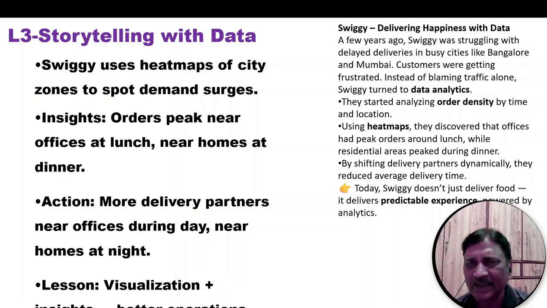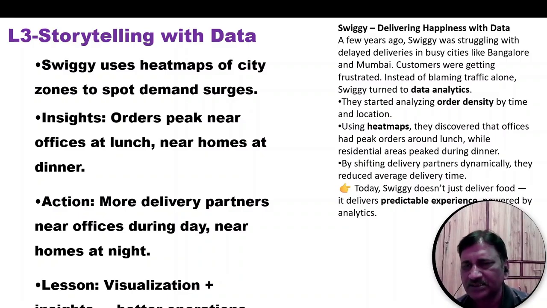Instead of blaming traffic, Swiggy turned to data analytics. They started analyzing order density by time and location. Using a heat map, they discovered that offices had peak orders around lunch, while residential areas peaked during dinner. By shifting the delivery partners dynamically, they reduced the average delivery time.